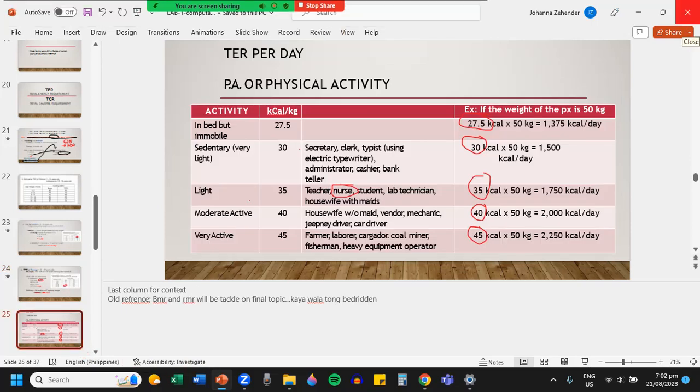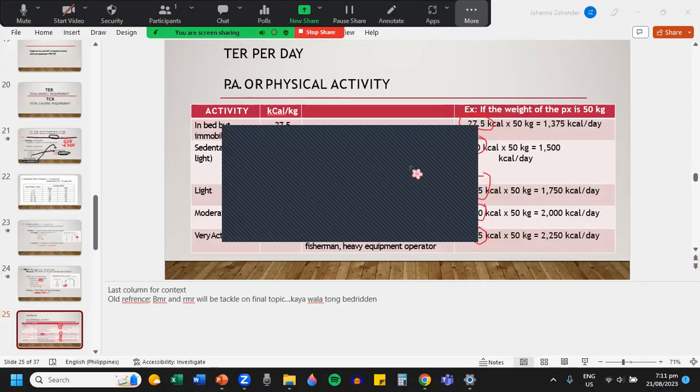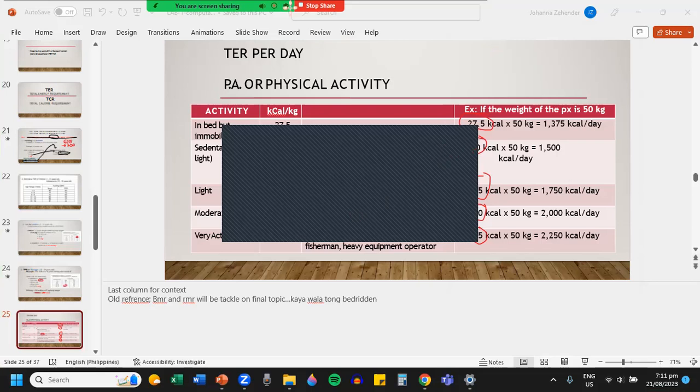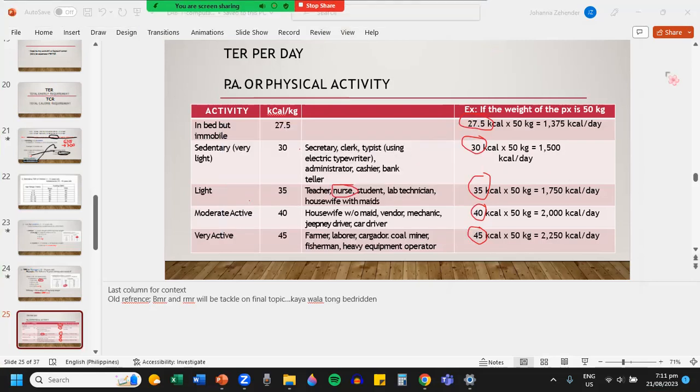Next, we have another method of computing TER. Sorry for the mild interruption. Going back to another method of computing your TER, we have computation according to PA, or physical activity.